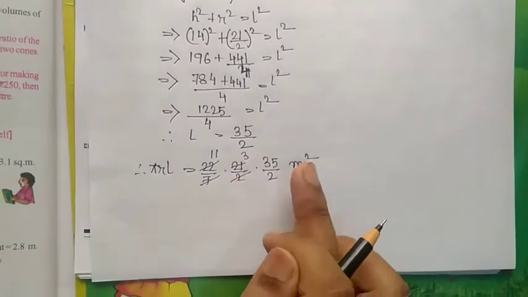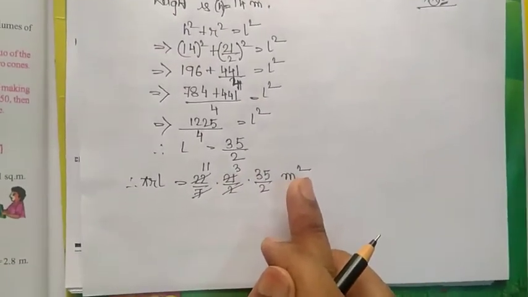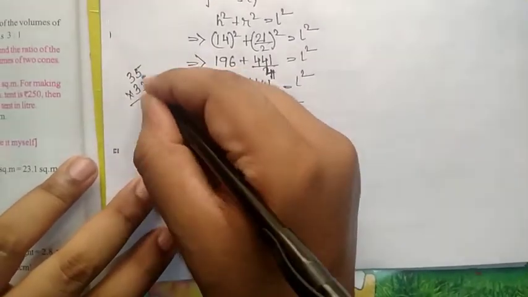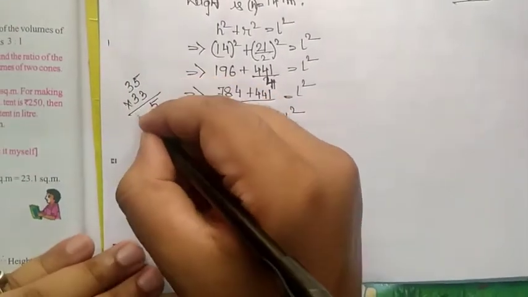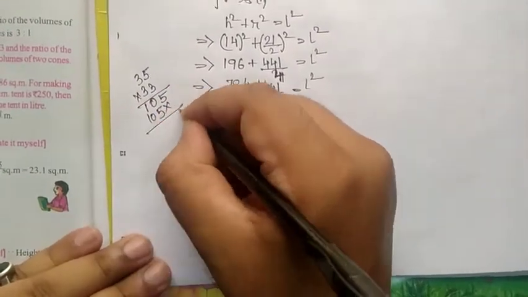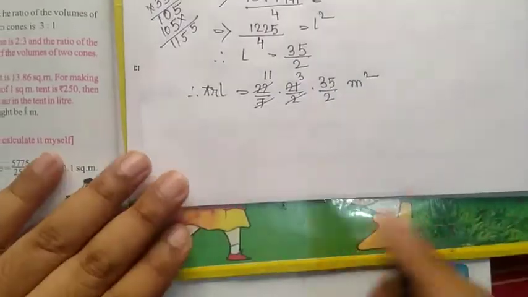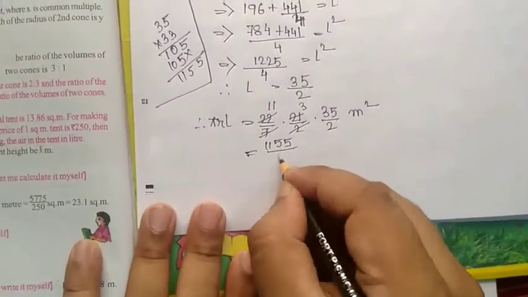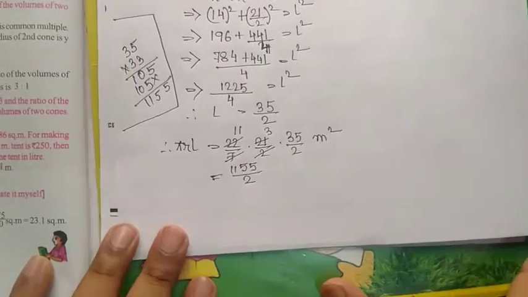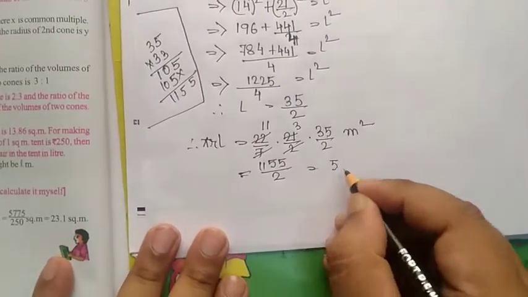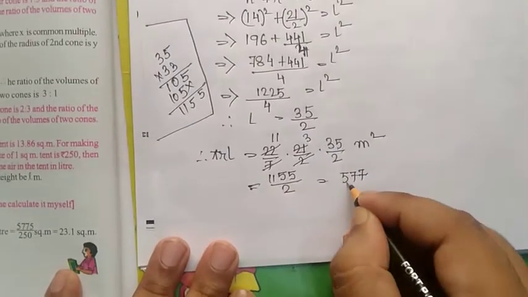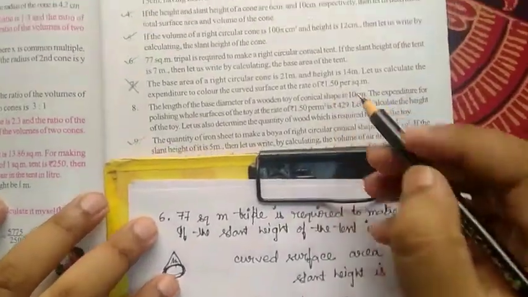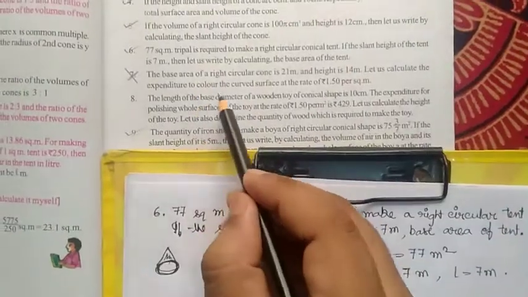So 33 into 35 is 1155 by 2. So it should be 577.5 meter square.